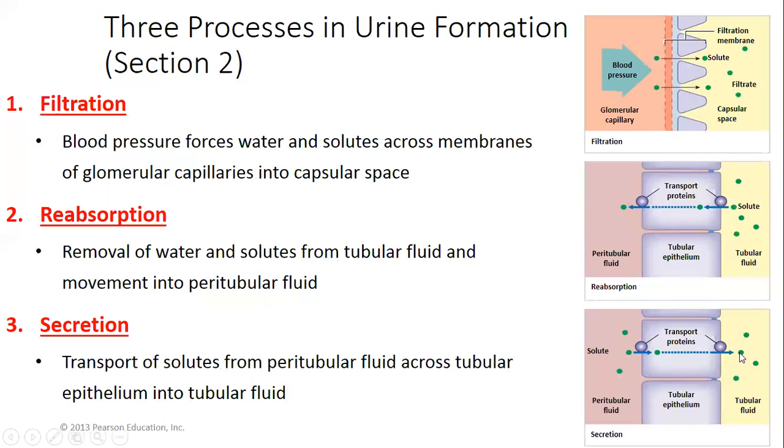There are several substances that can't get filtered out of the blood, so they can't make their way into the capsular space. They can't become filtrate, but they can get secreted because of some transporters located later in the renal tubule. So a substance that may not be able to be filtered out of the blood and into the capsular space may be able to get secreted from the peritubular capillaries, where blood is located, into the tubular fluid, just later on in the process.